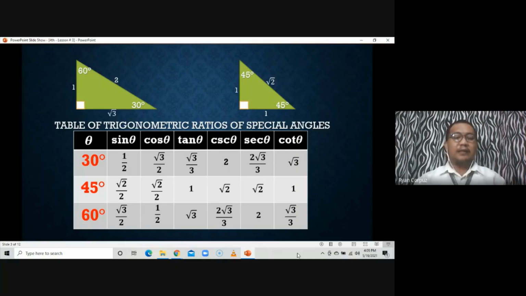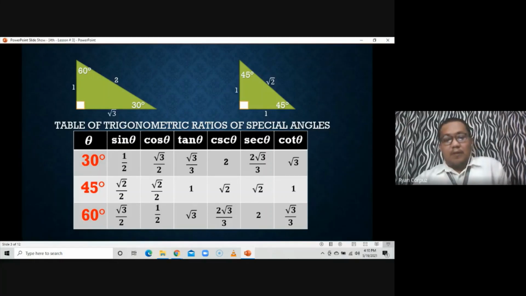Even if you use a calculator, you'll come up with the same value. When you enter sine 30 degrees in the calculator, you get 0.5. What is 0.5? That is 1 half. And cosecant 30 degrees would be the same as 2.